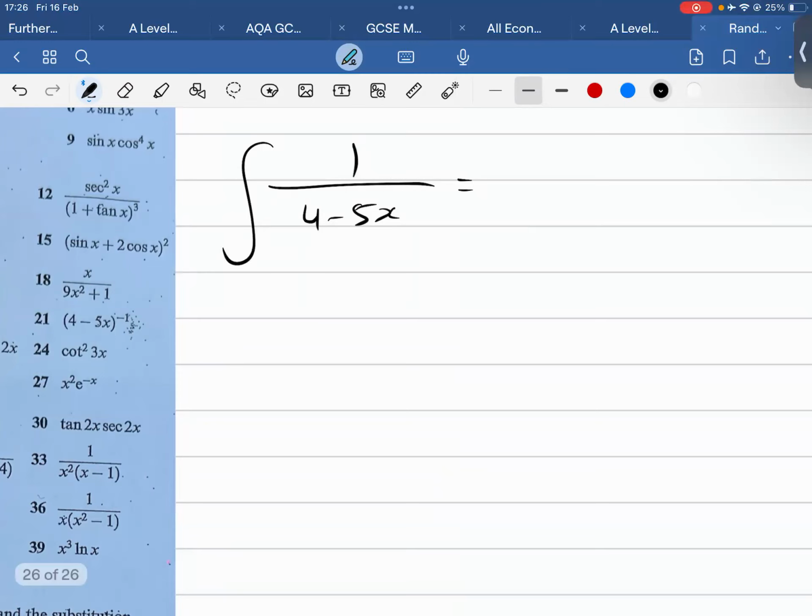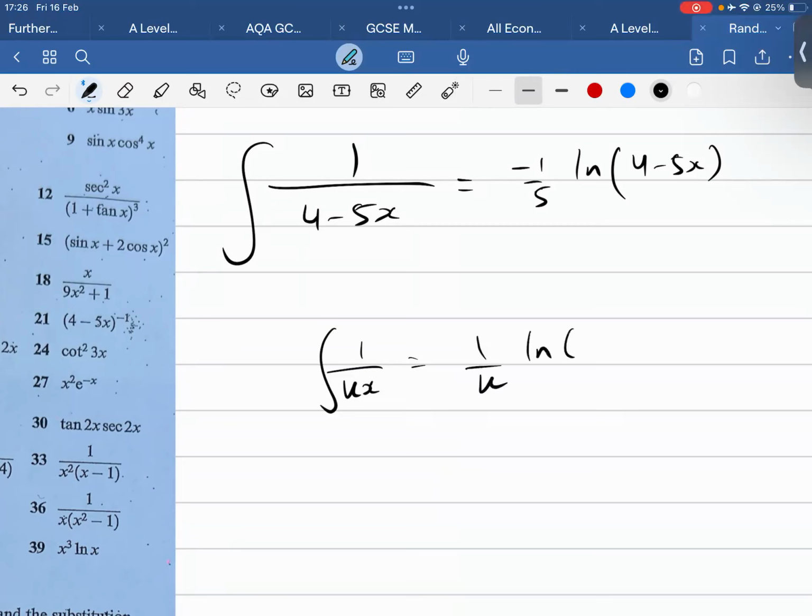It's minus 1 over 5, then ln of 4 minus 5x. The rule for 1 over kx is 1 over k. Because if you integrate 5, it doesn't become 1, obviously. So you use a fifth. It's a mix of reverse chain rule and that stuff, but just remember the rule. It's always 1 over k goes to the front.